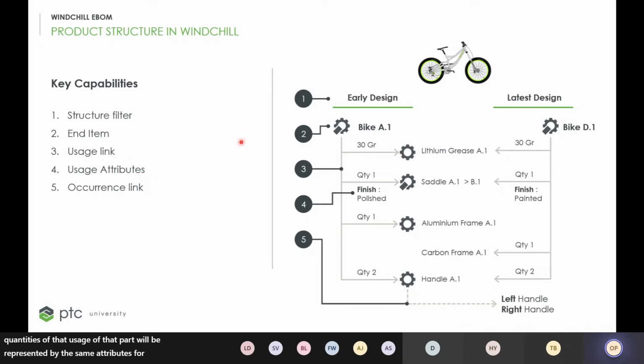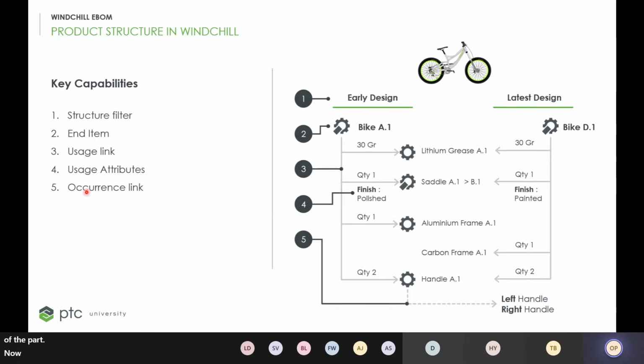For example, this saddle, which has the quantity of one, in an early design has the usage attribute, the finish of the saddle, polished. During the different life cycles, during the different modifications, until the bike D.1, the finish for this attribute for the saddle is painted. This is an attribute of the usage of the part.